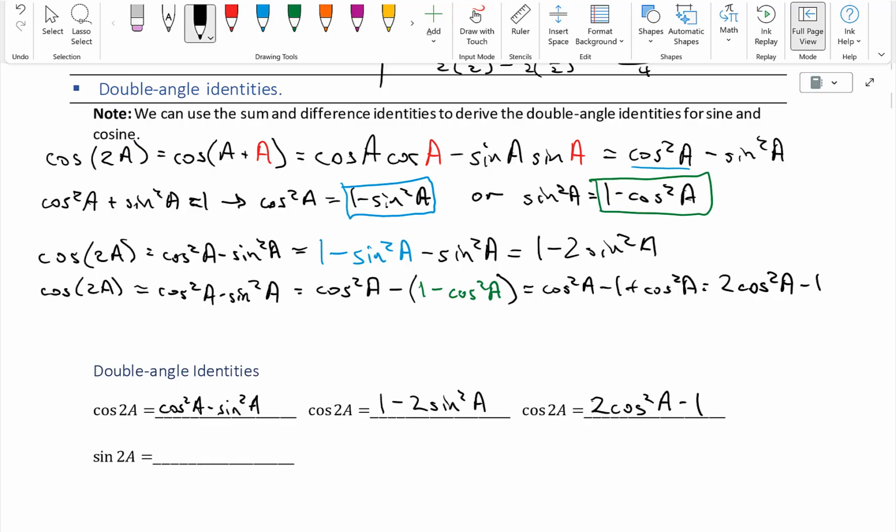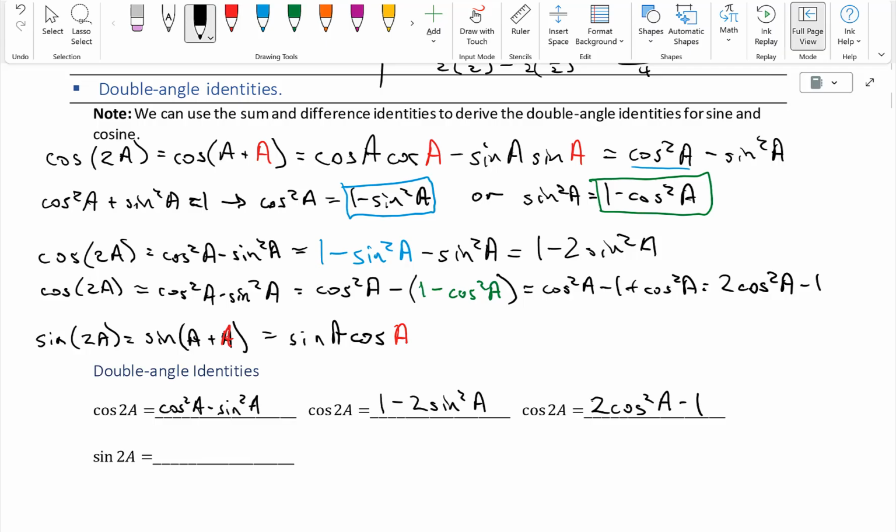And for sine 2a, we can go back to kind of what we did for cosine 2a at the top. Sine of 2a is equal to sine of a plus a. And we can use our identity for sine. We get sine of the first angle, let me bring the color back again, times cosine of the second angle, but still a.